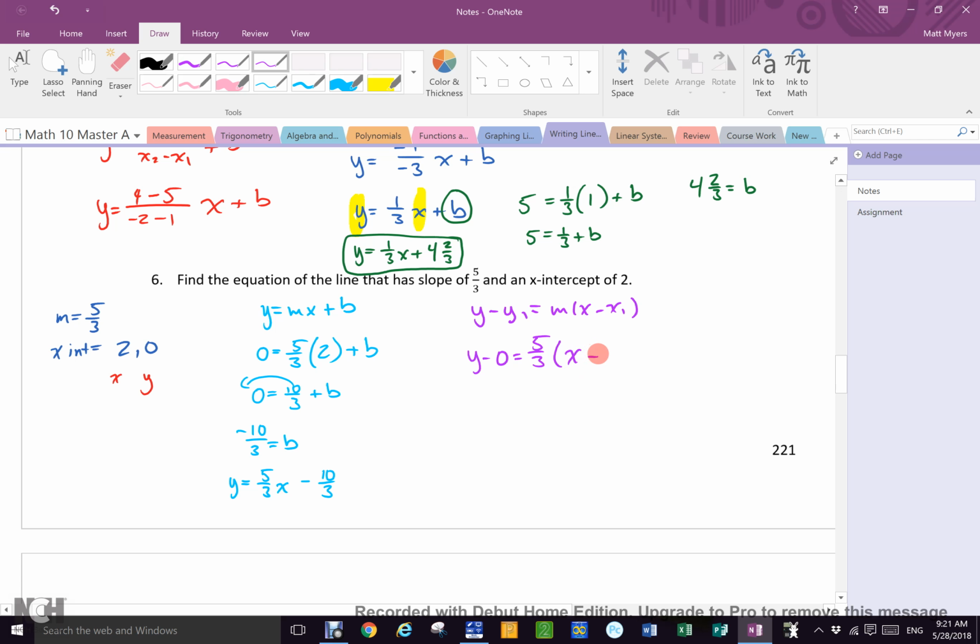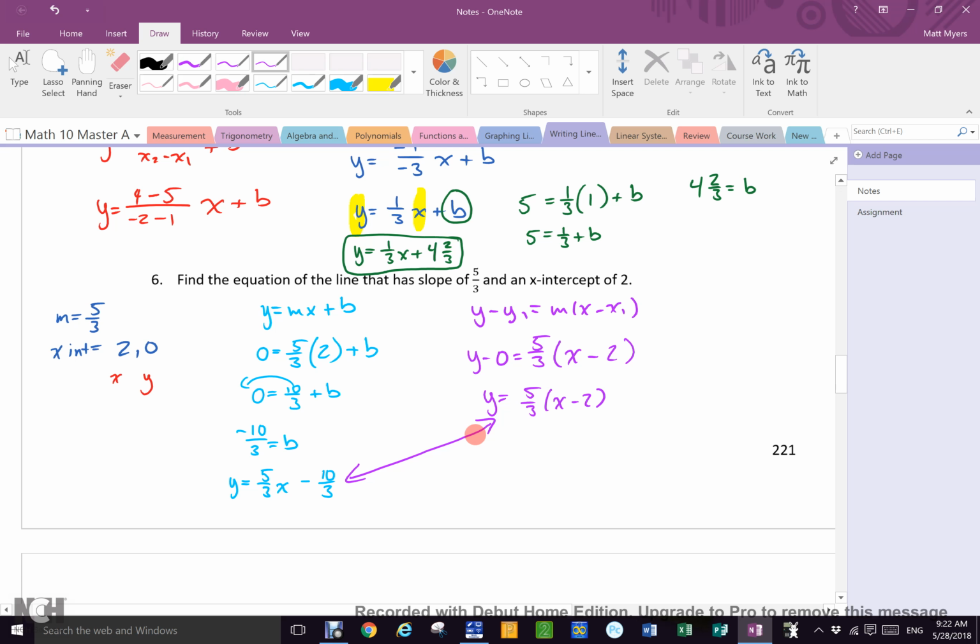And x minus, what's my known point? 2. Y minus 0 is just y. 5/3 x minus 2. That is a perfectly fine answer because that's point slope form, isn't it? But you could also finish that off to get it to there.